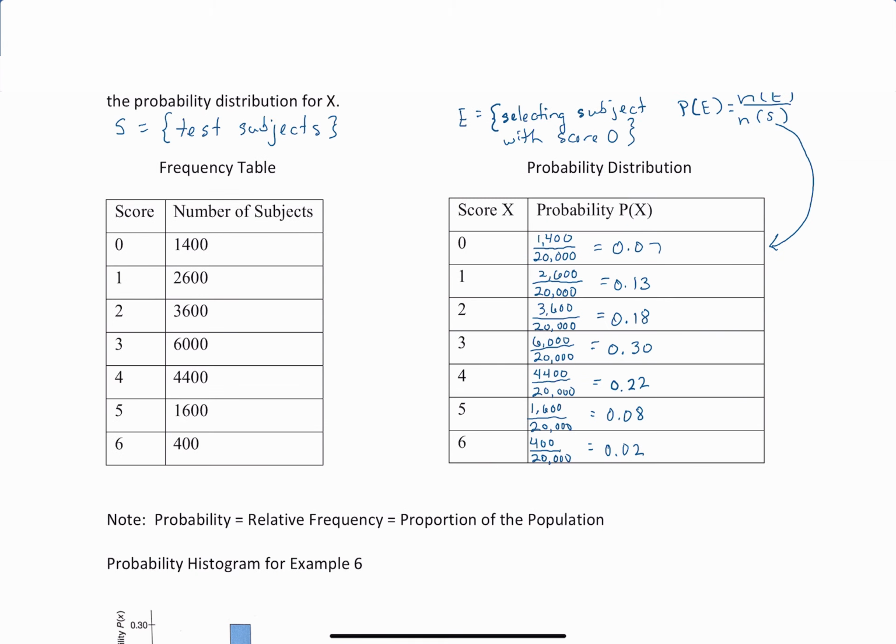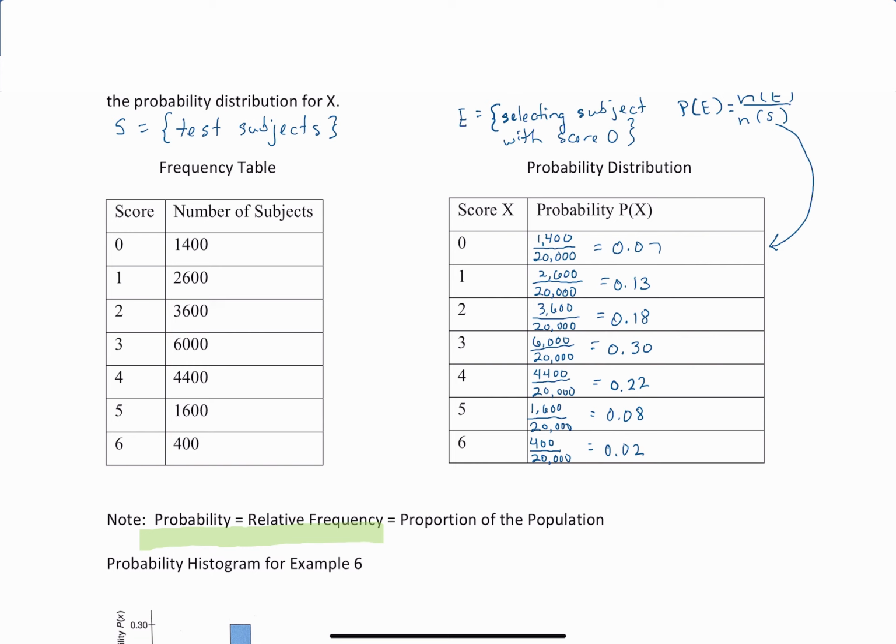These calculations that we just did might seem familiar to you. And good job if they did and you thought, hey, this is a lot like calculating relative frequency. Because in fact, it's exactly like calculating relative frequency. Remember when we did relative frequency? We took the number of individuals in a sample that had a certain characteristic, in other words, their frequency, and we divided by the total number of individuals in the sample. Well, that's really what we did here.